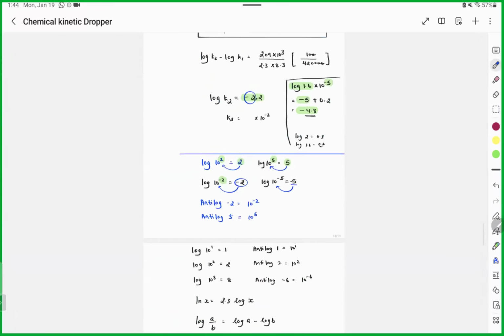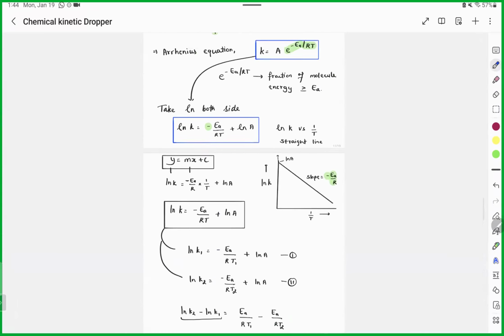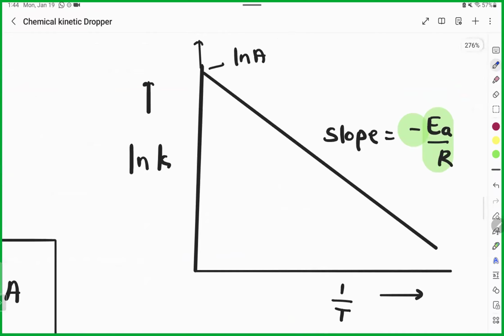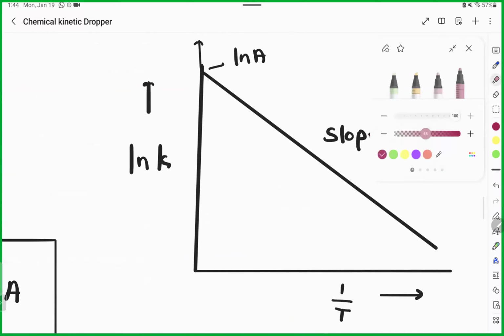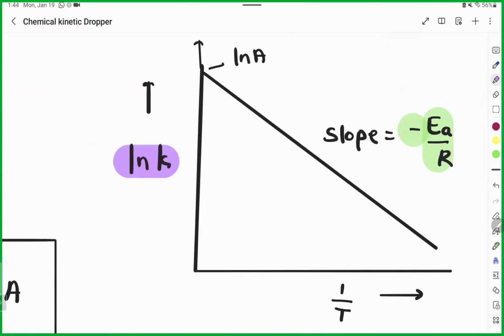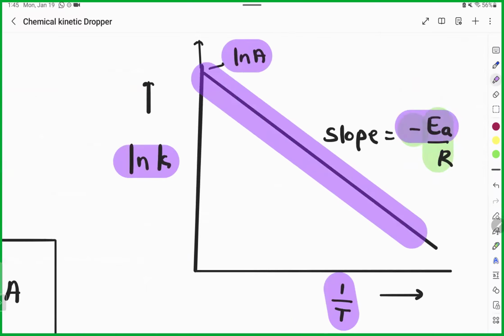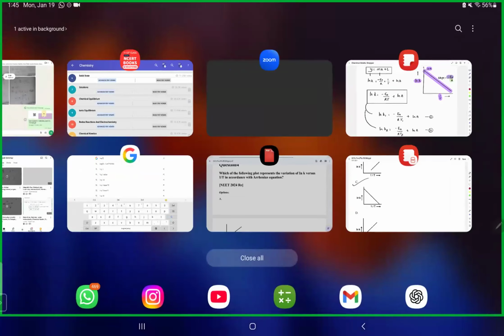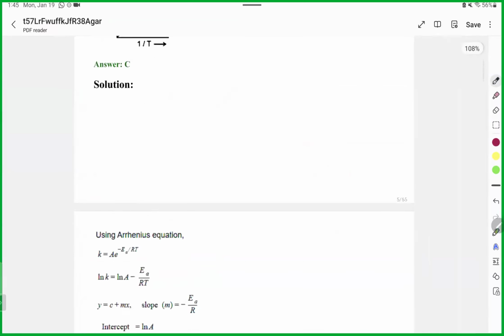It is given in NCERT. Same graph, same slope, same natural log A, and same nature of the graph. Yes or no, guys? Yes, sir. So this is done.